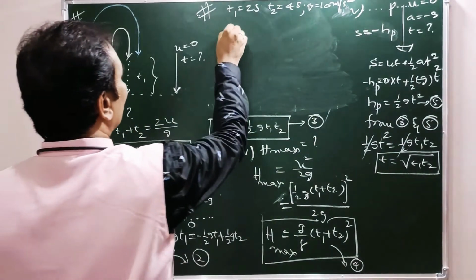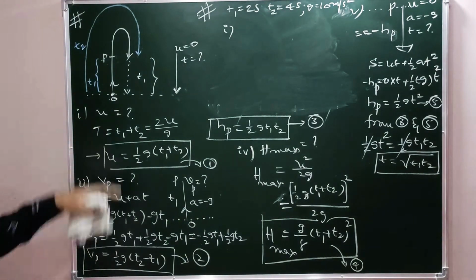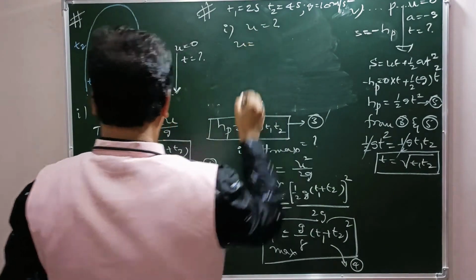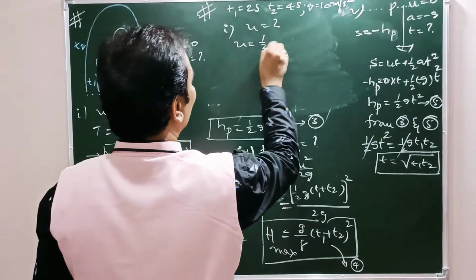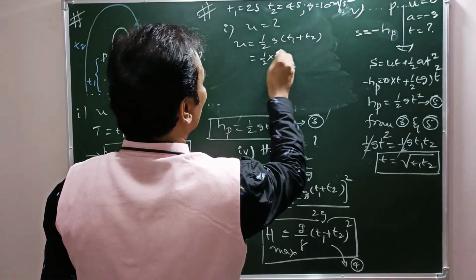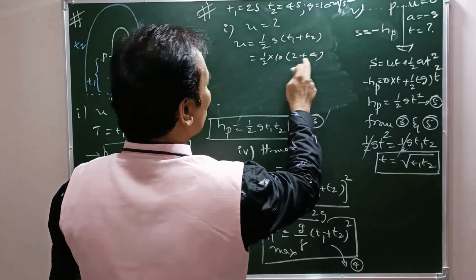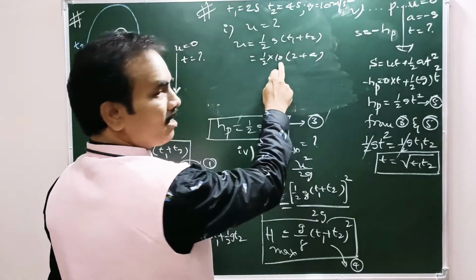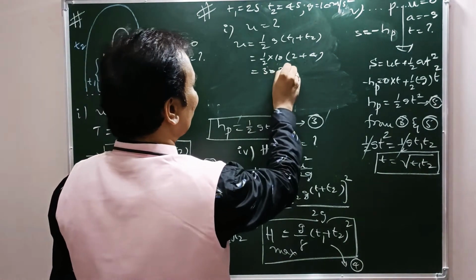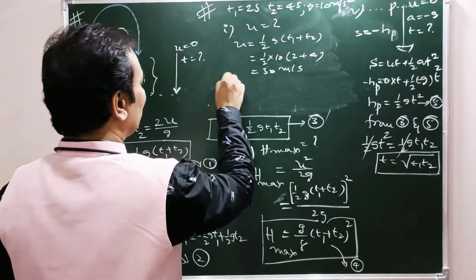Question number 1. What is the velocity of projection? Velocity of projection is unknown. u equals half g (T1 plus T2). That is half into g, which is 10, times (2 plus 4). 2 plus 4 is 6, 6 into 10 is 60, 60 by 2 is 30 meter per second. Question number 2.